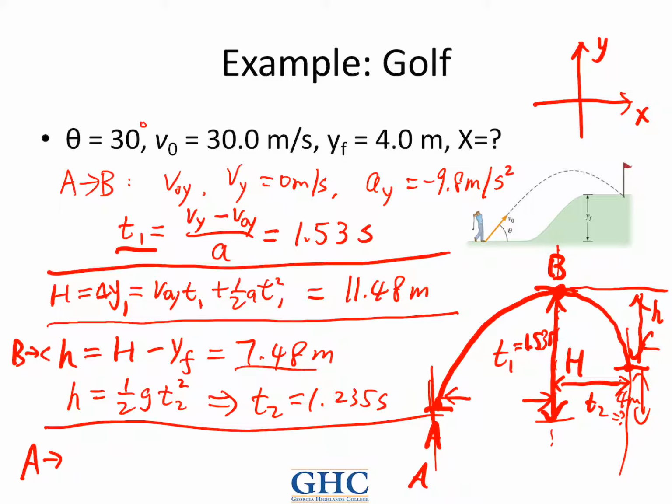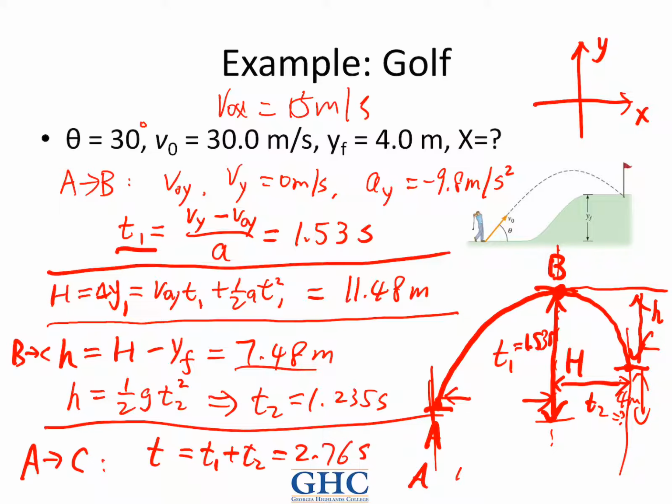So apparently the time it takes for the golf ball to go from A to C is T1 plus T2, roughly 2.76 seconds. Now if you have the time 2.76 and you know the initial velocity in the x direction, is 15 meters per second, so the displacement in the x direction, oh, not 15, I think it's 25.9.